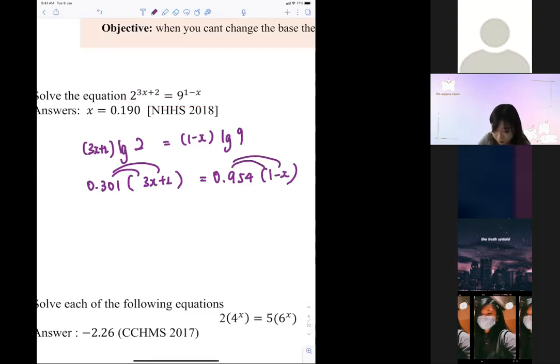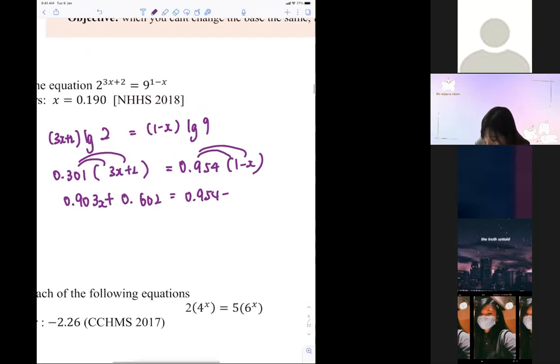Then you solve it already. Then you can solve for x. Give it in 3SM.